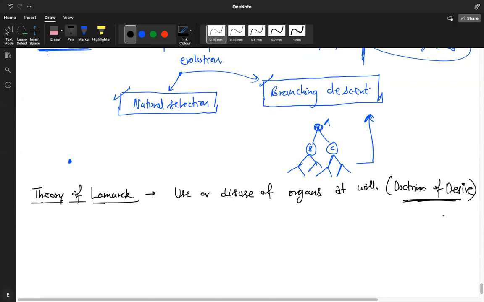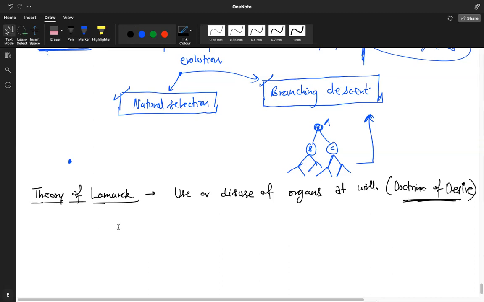It will not happen. A fish will always be a fish until there are major changes in new species, but the new species will also be of fish, right? It will take a very long time for a fish to become an amphibian. You understand that? Yes, sir. So use or disuse of organs at will, doctrine of desire was Lamarck's theory.